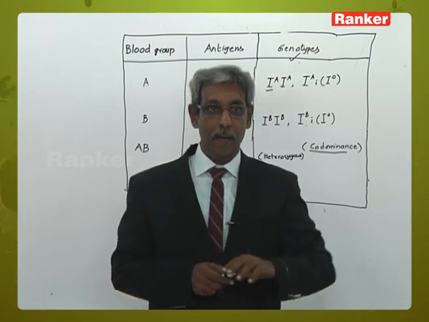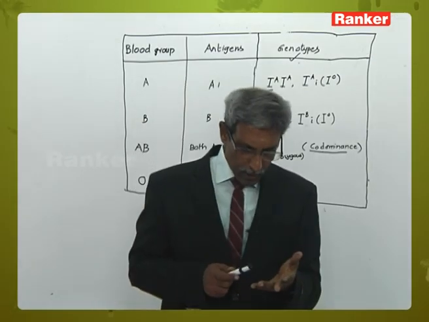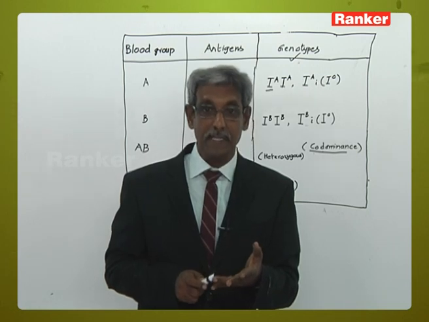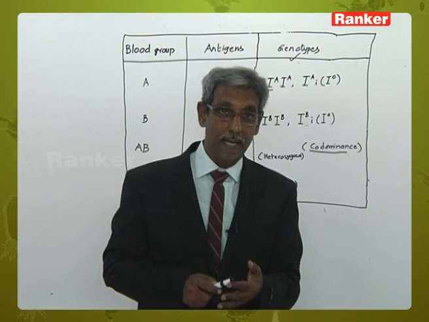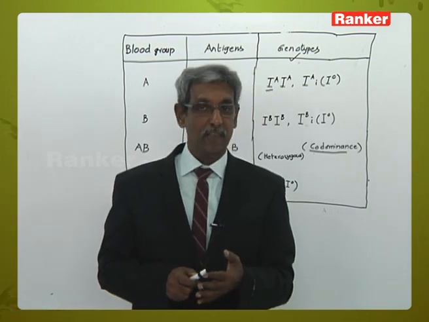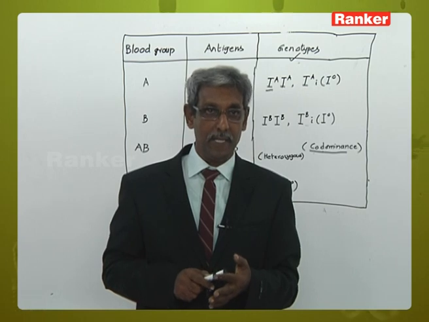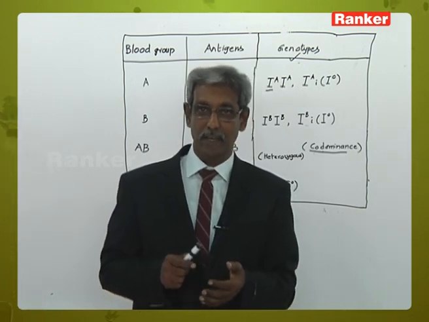This can be studied by checking a chart. So you should know the number of phenotypes is always 4, the number of genotypes is always 6, and there are 3 different alleles, IA, IB and i. The entire blood group inheritance is determined by a single gene, termed monogenic. It shows a monogenic pattern of inheritance.